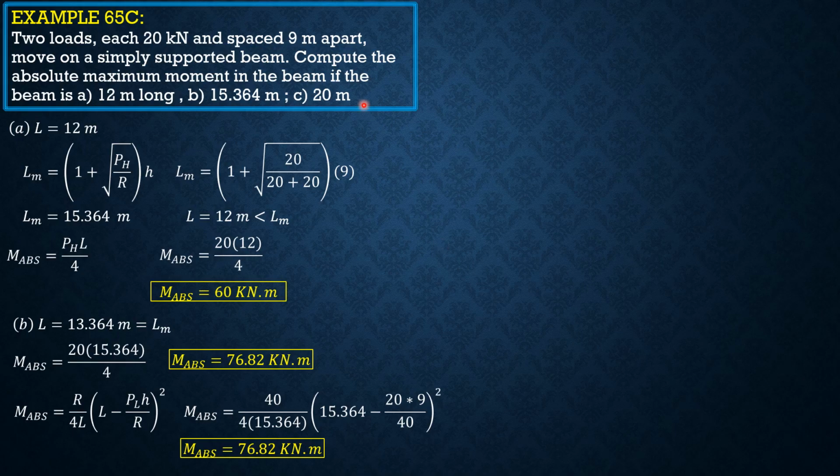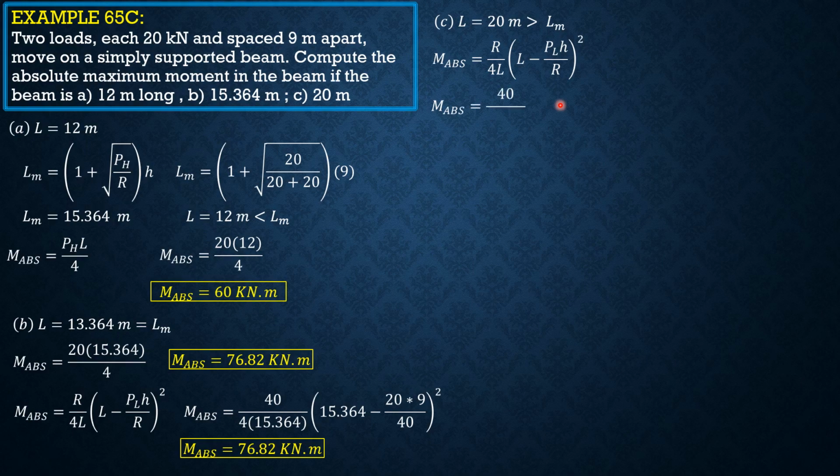Then finally, L is 20 and 20 is greater than L sub M, therefore two load condition controls. So we use this formula for absolute maximum moment: M absolute equals R over 4L, quantity L minus PLH over R quantity square.